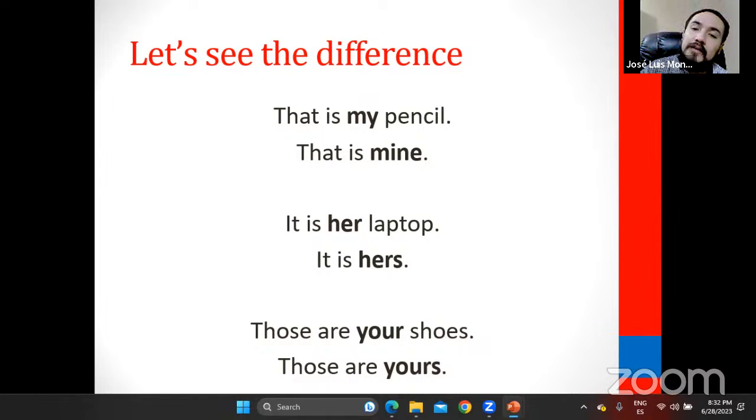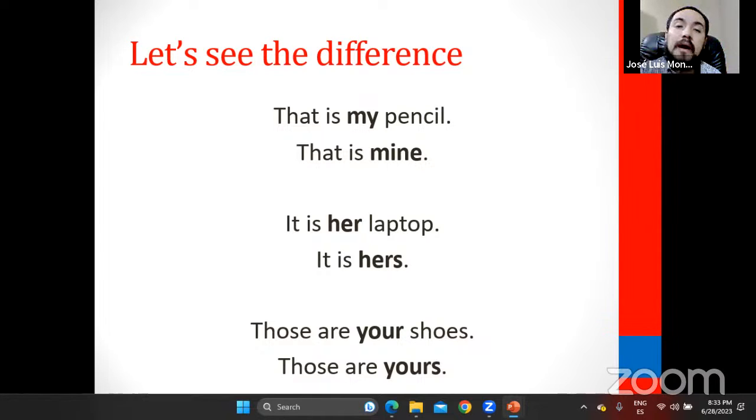So we know that my is describing pencil because it's talking about possession. That being the case, my is the possessive adjective, and mine is the possessive pronoun.